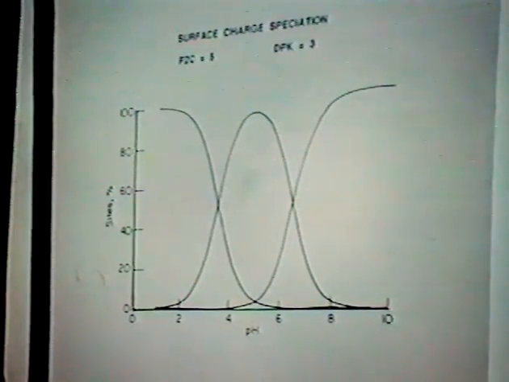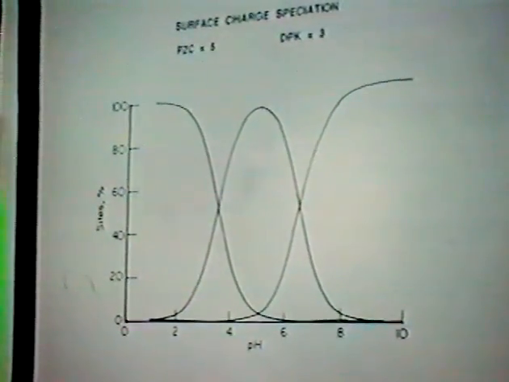The DPK is another parameter of this surface ionization model, and that is related to combinations of those dissociation constants, K1 and K2. It turns out that the PZC is also related simply to K1 and K2. So another element we'd like to have available is a way of measuring simply the PZC of an oxide system.